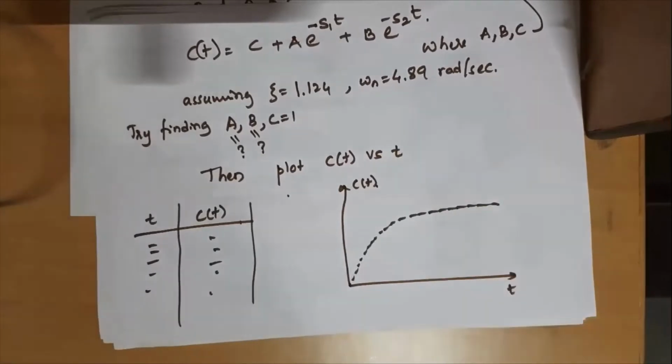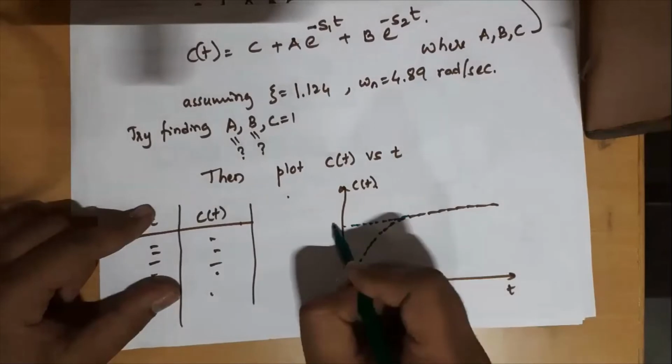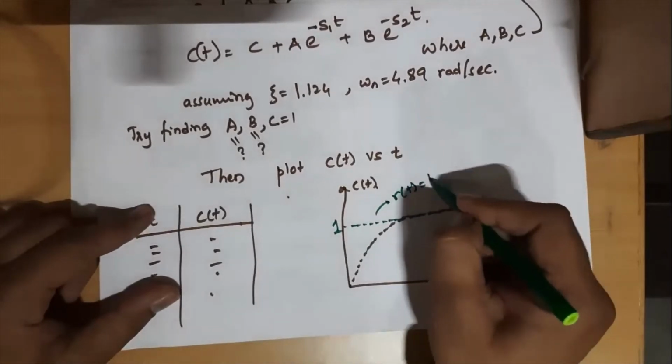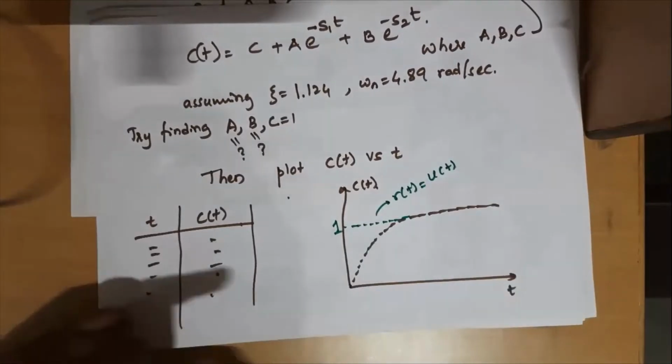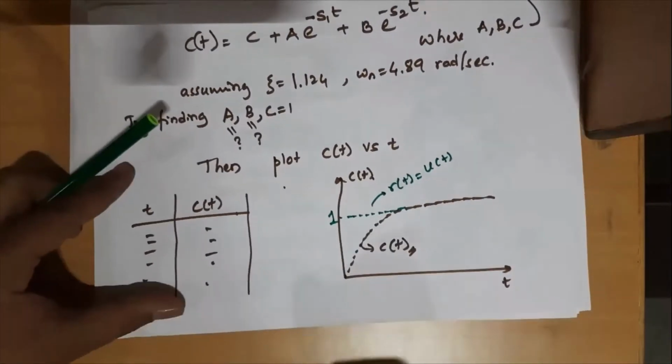Once you calculate C of t for all the t values, again you will end up with this type of performance where our output is gradually increasing and settling down at 1 unit. So for a unit step input, it will settle down at unit.